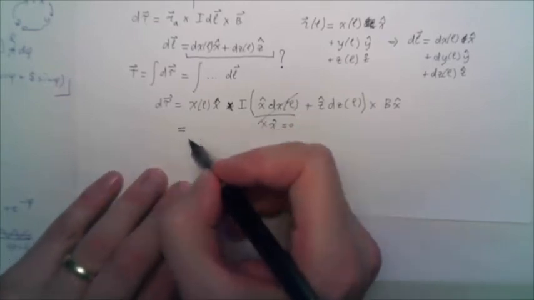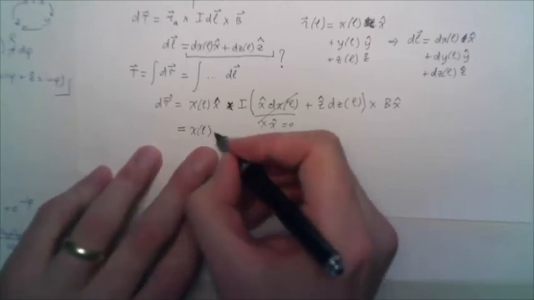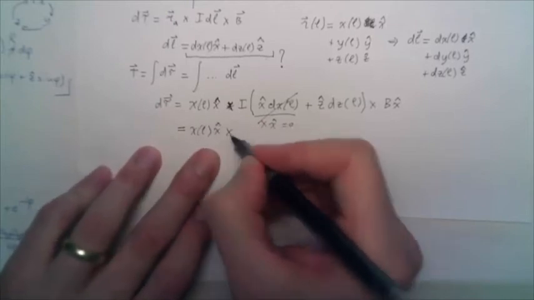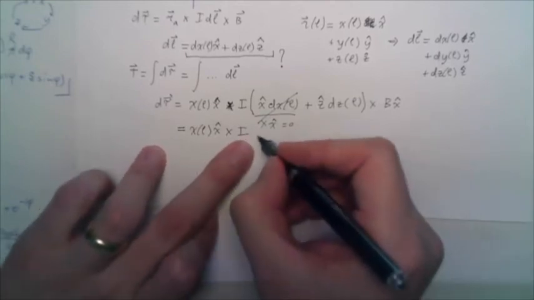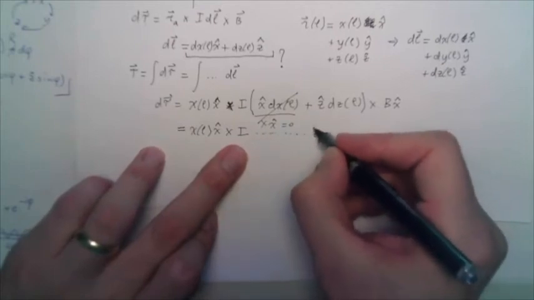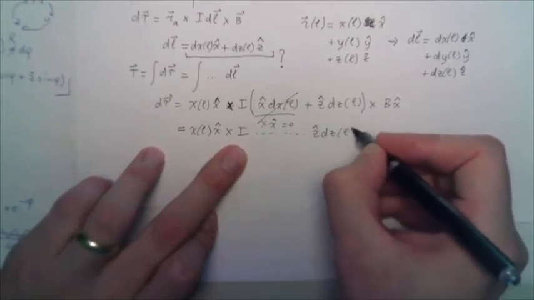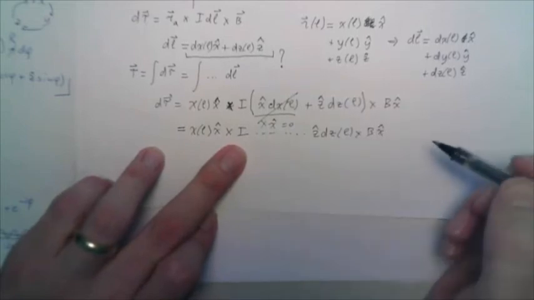So we have x of L x hat crossed with I, and now we have a z hat, running out of space here, so z hat dz of L crossed with B x hat.